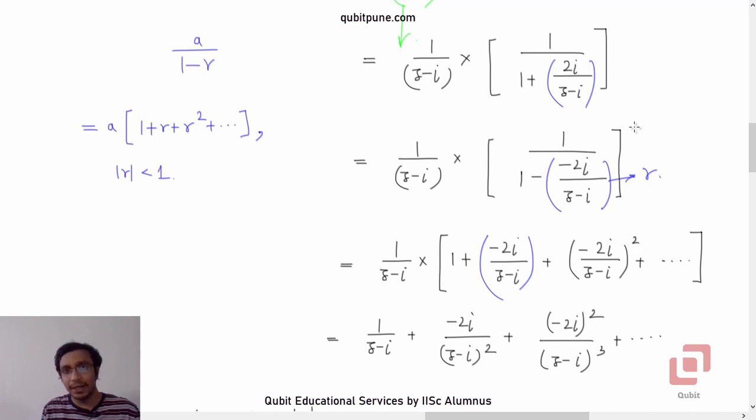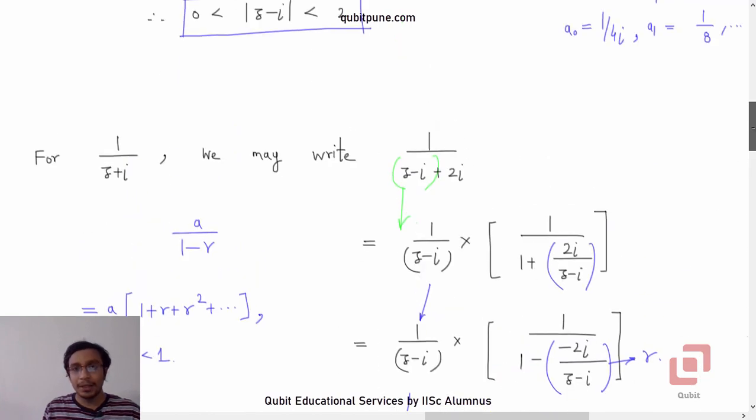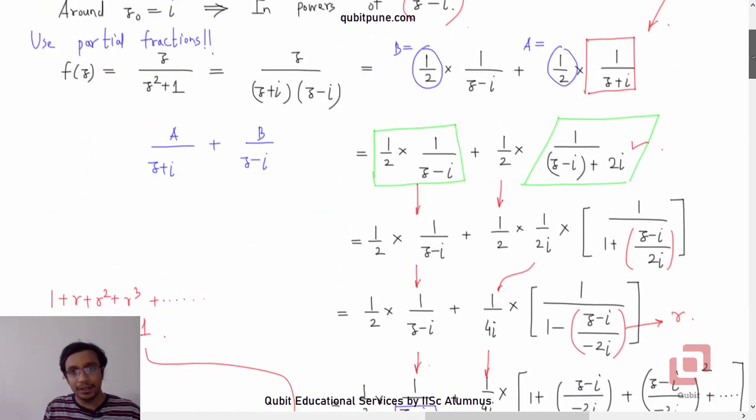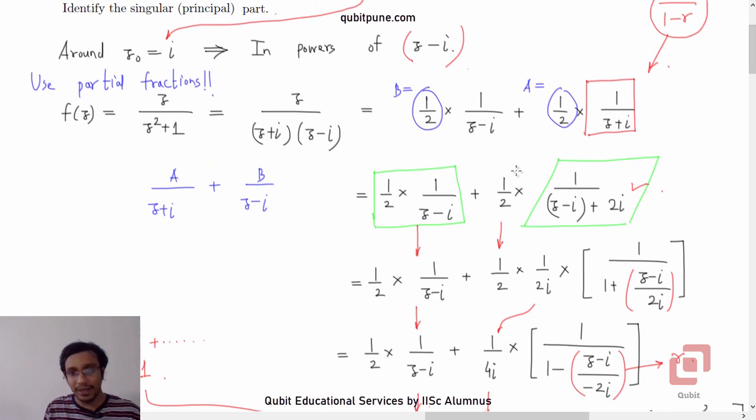Don't forget that because we have taken z minus i common from the denominator, this factor is going to be there everywhere. So it is 1 upon z minus i into 1 plus minus 2i upon z minus i plus the square term, and so on. All these terms have negative integral powers of z minus i. And let us not forget that this has 1 upon 2 as its coefficient, and we also have an additional 1 upon 2 times z minus i.